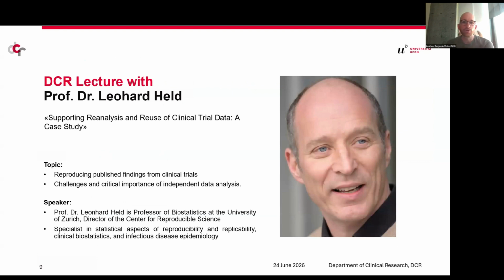It's a great pleasure to welcome Professor Leonhard Held. He's the professor and chair of biostatistics at the University of Zurich, and he's also the director of the Center for Reproducible Research and Research Synthesis, a competence center at the University of Zurich dedicated to reproducible science and research synthesis, where I have actually been working before I came to Bern.